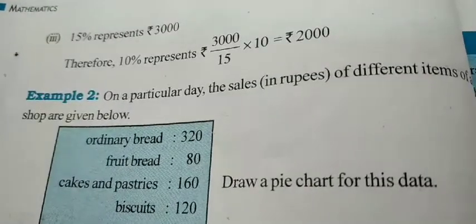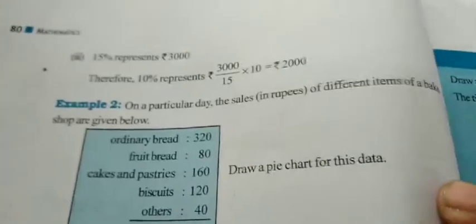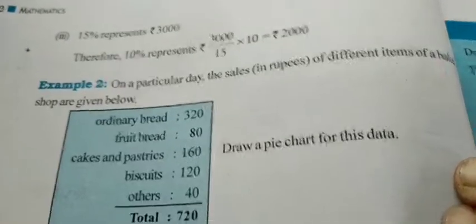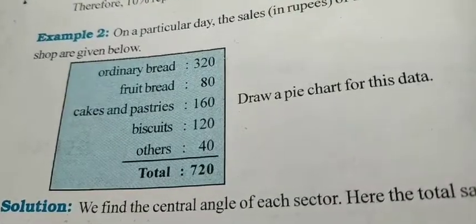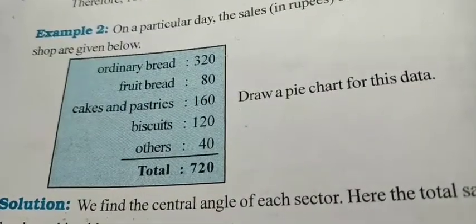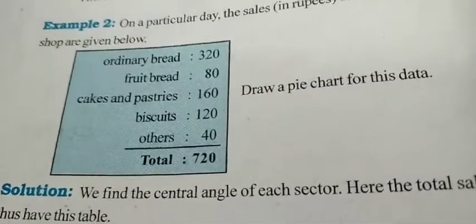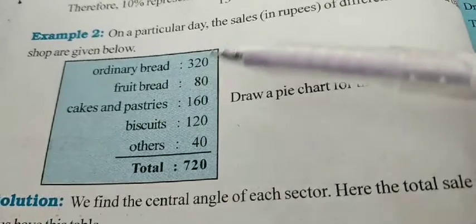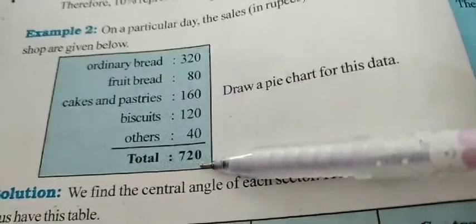Look at example 2. On a particular day, the sales of different items of a bake shop are given below. Ordinary bread 320, fruit bread 80, cakes and pastries 160, biscuits 120, others 40. So as I told you, you have to add up. Total comes to 720.